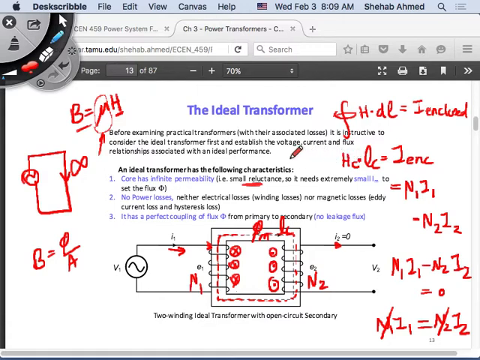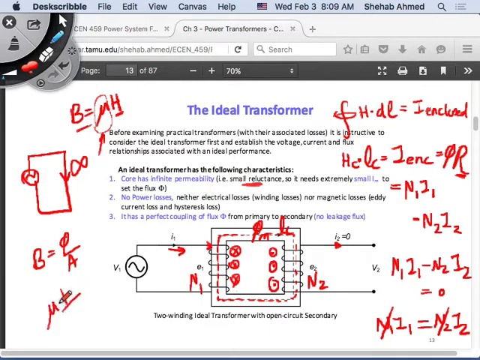Ampere turns enclosed. We said that ampere turns, H dot L, or the magnetic force, is equal to the flux times the reluctance, right? So the flux exists, but the reluctance is the inverse of permeability, and permeability is infinite, so reluctance is 0, right?